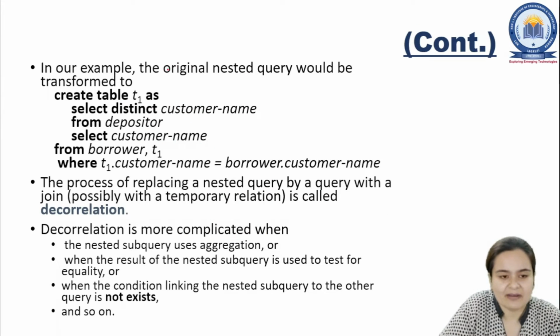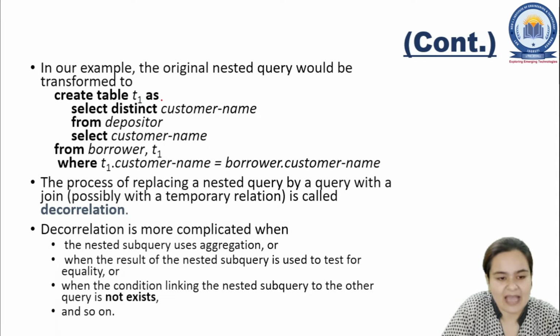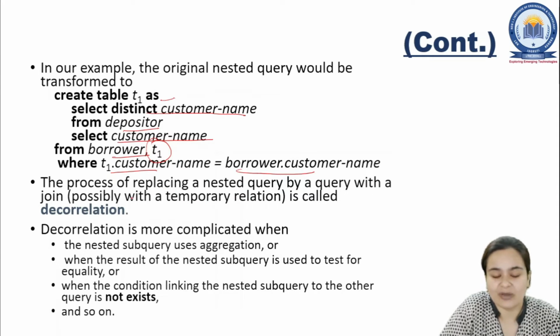In our example, the original nested query would be transformed to create table T1 as select distinct customer name from depositor, and then select customer name from borrower, T1 where T1.customer name equals borrower.customer name. The process of replacing a nested query by a query with a join, using a temporary relation, is called decorrelation.